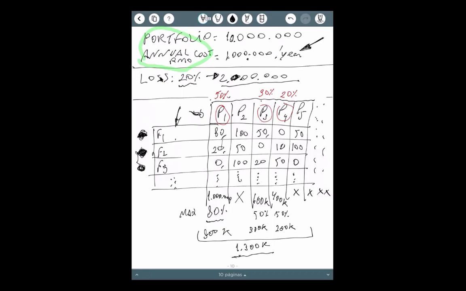Okay, so the calculation of the ROI will be this. 1 million is the cost of the PMO, divided by this, and the result will be 30% of ROI. Is it okay? So again, we are working with monetary expected value. That's what we are doing, right?